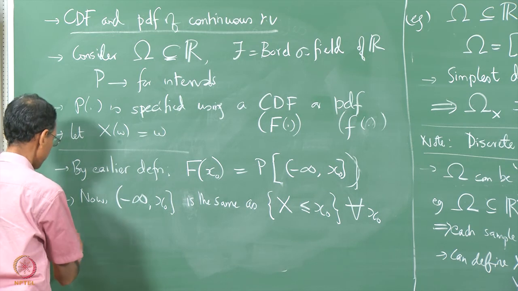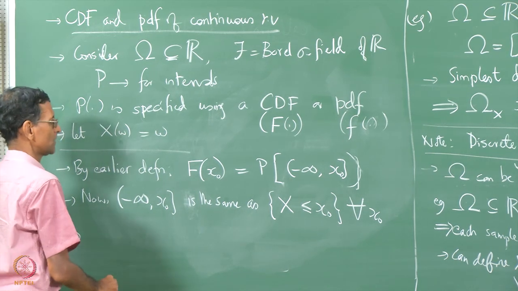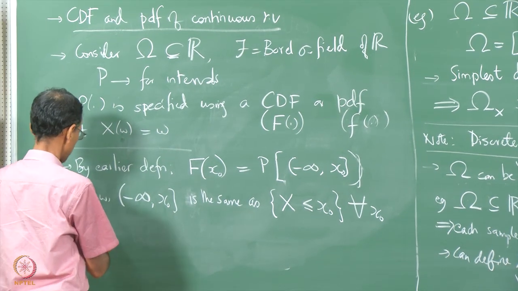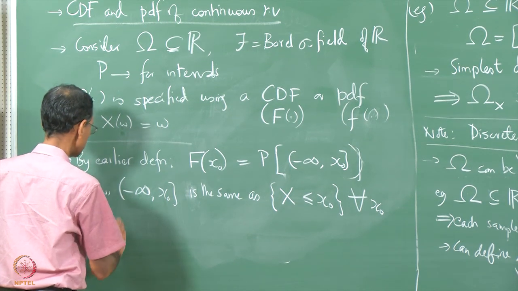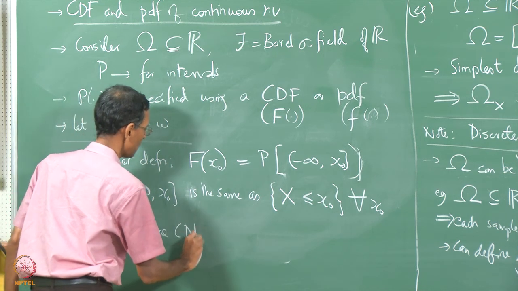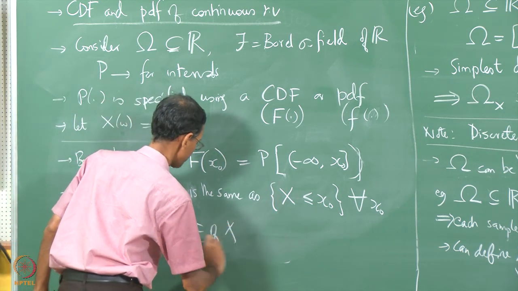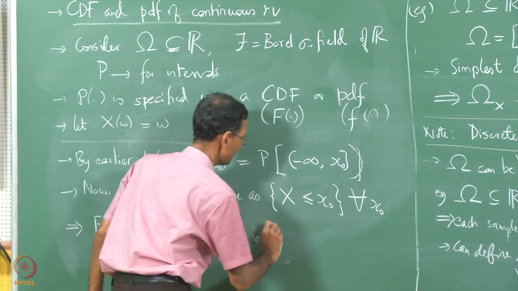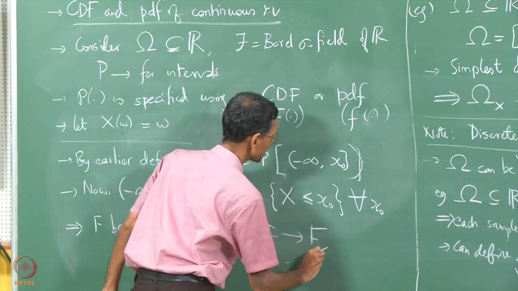So therefore the F becomes the CDF of X, the F becomes F with a subscript X.